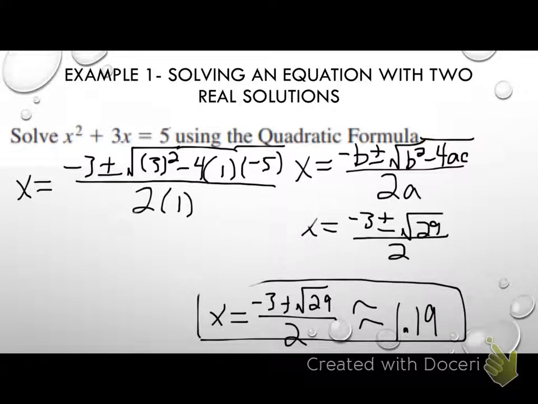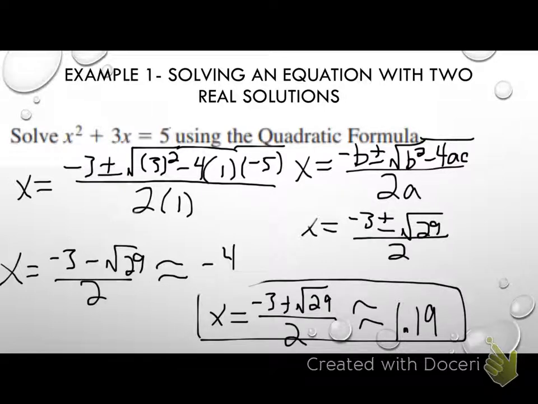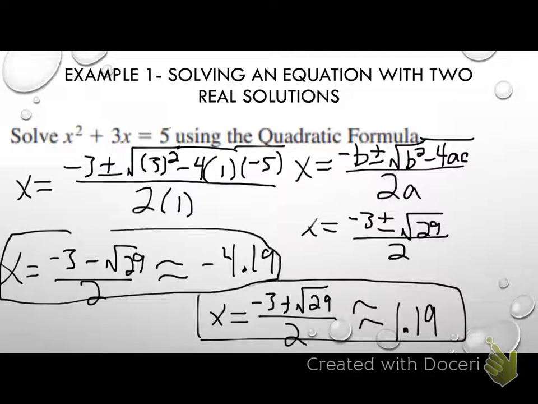Another solution would be x equals -3 minus square root of 29 over 2. I type that in my calculator. I would get -4.19 approximately.